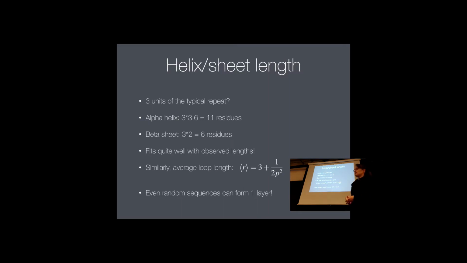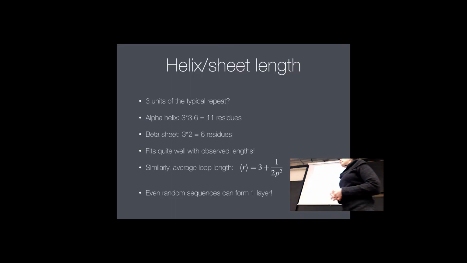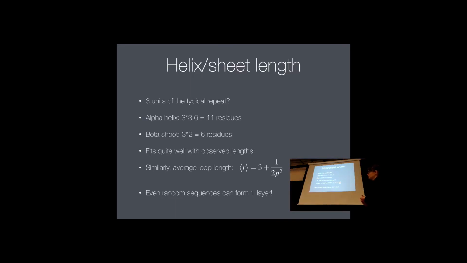So it turns out that if we use this simple model and we observe nature, then we find that this p that I've been using so far should be the probability of 3.6 amino acids to be in a helix, or the probability of 2 amino acids to be in a beta sheet, instead of the hydrophilic versus hydrophobic propensity. So that actually puts constraints on secondary element size. It looks like the size of these things are governed by physics. Quite simply.